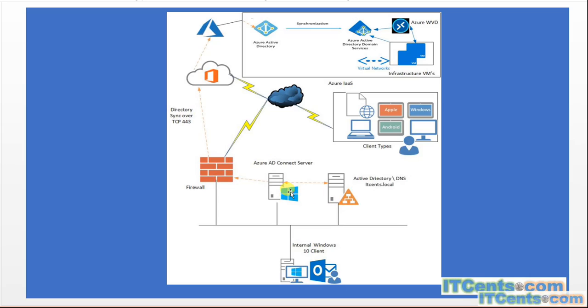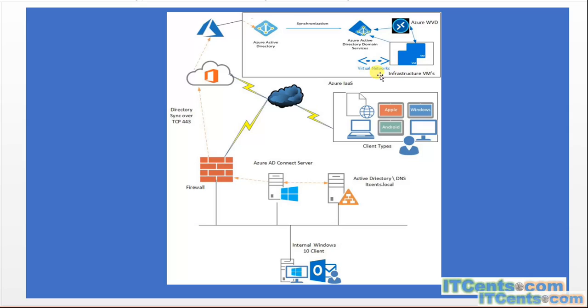So Azure AD Connect is syncing my on-prem users and groups from on-prem Active Directory to Azure Active Directory. However, if you see, I don't have any ExpressRoute or site-to-site VPN to Azure. So it means when I provision Windows Virtual Desktops, they cannot join my on-prem Active Directory, right?